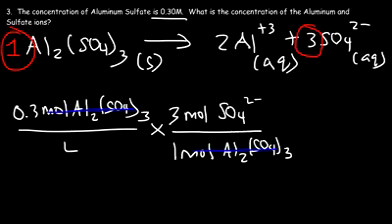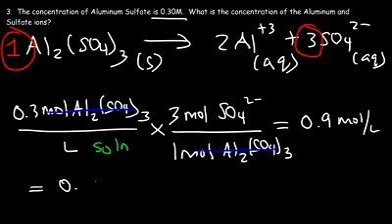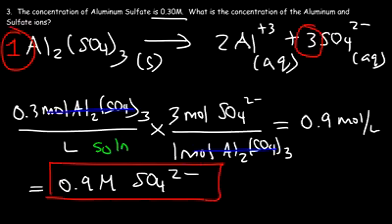So now what you have left over is moles of sulfate per liter of solution. So it's 0.3 times 3, and so this will give you 0.9 moles per liter, which you could say is 0.9 molar sulfate. So that's the concentration of sulfate. That's how you could show your work if you want to. But the simplest way to get the answer is to take 0.3 and multiply by the subscript, and that will give you 0.9.